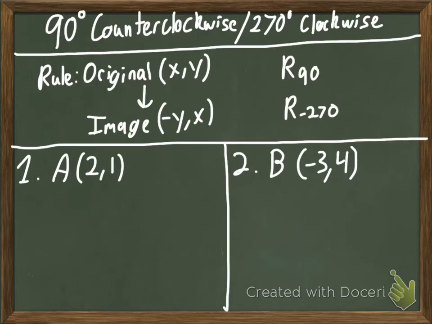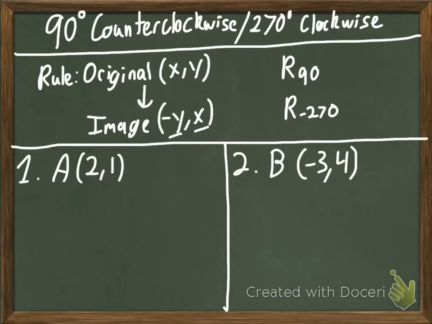So let's look at some rules that work with them. This is the 90 degree counterclockwise or the 270 clockwise. Up here at the rule, if we have our original point at (x, y) and we go to our image, the rule that happens is we switch the places of x and y, and we change the sign of y.